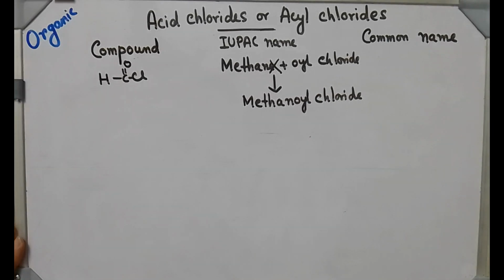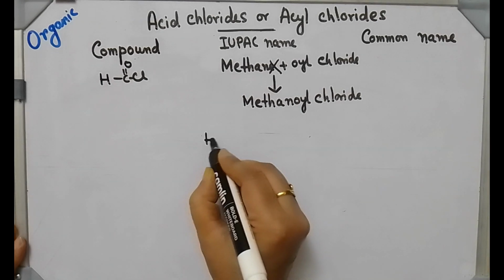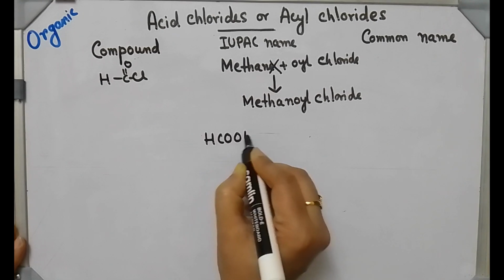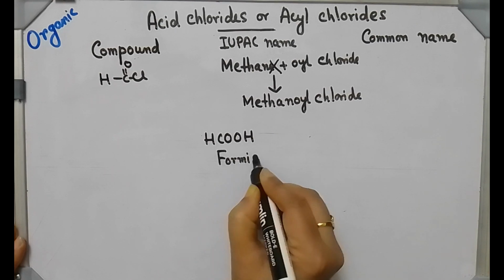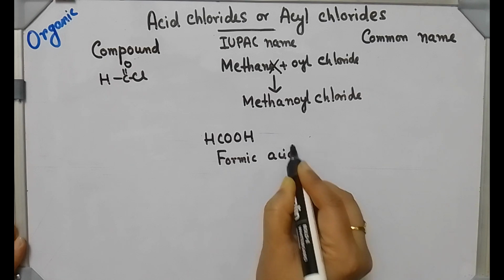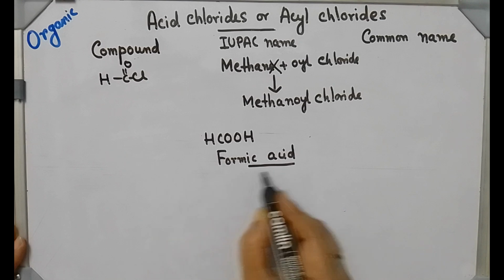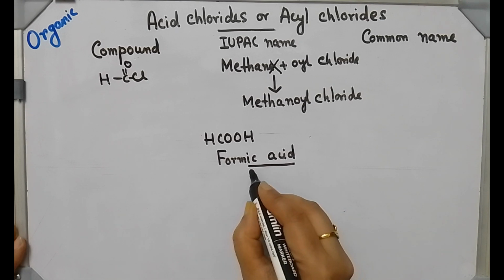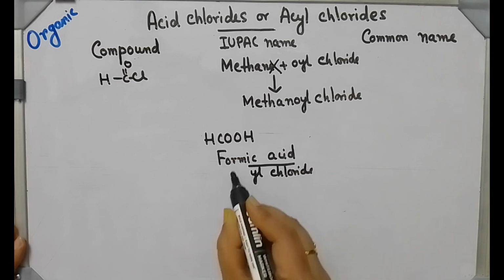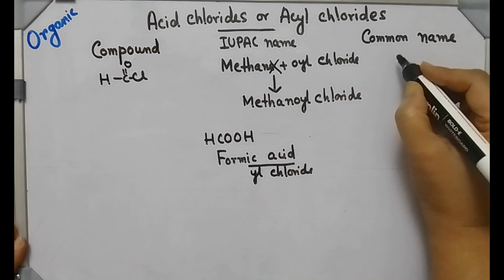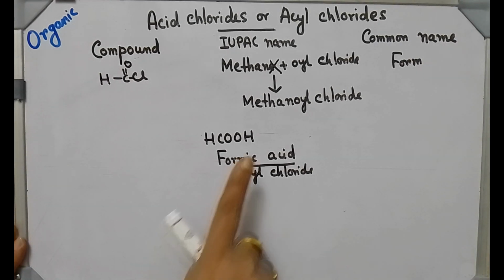And for common name, if it is HCOOH, here I am writing, if it is HCOOH, name of the acid is formic acid. So what you have to do, you have to drop this ic acid. In place of this, you have to add yl chloride. So its name will be, see here, formyl. We are dropping IC.